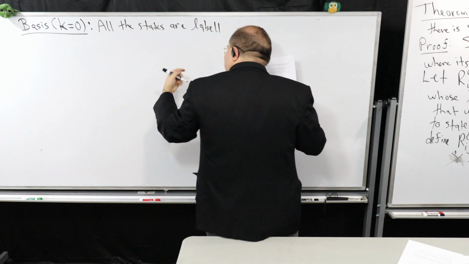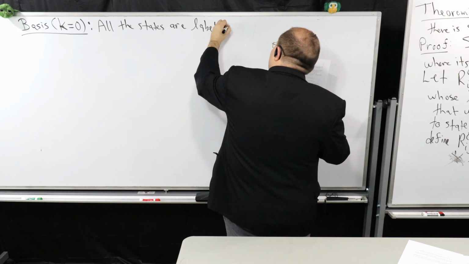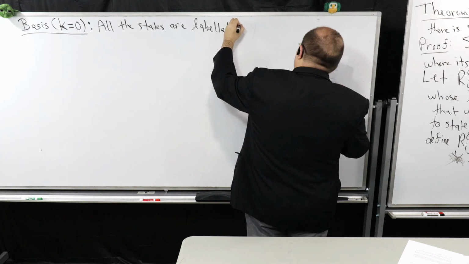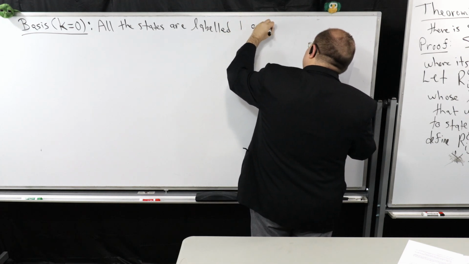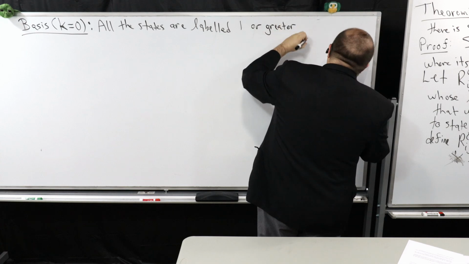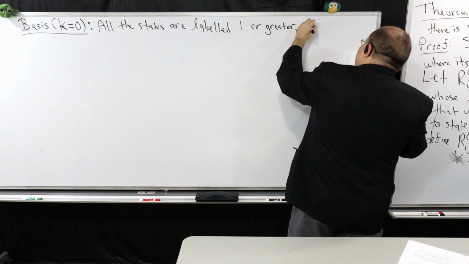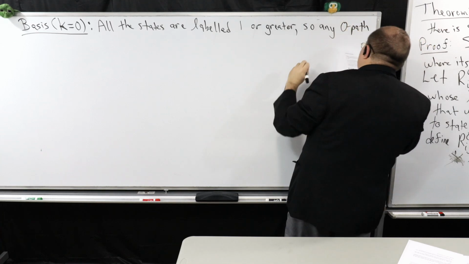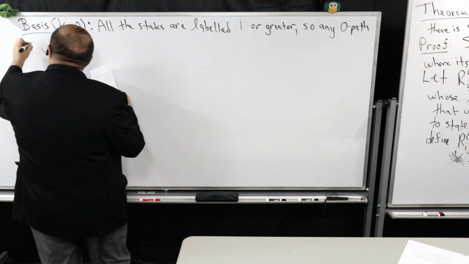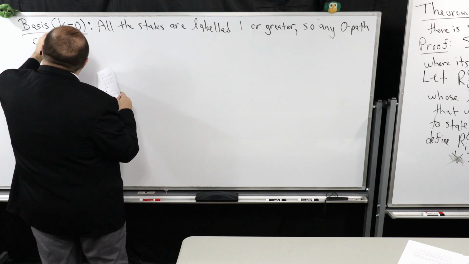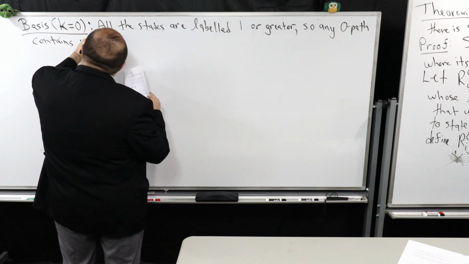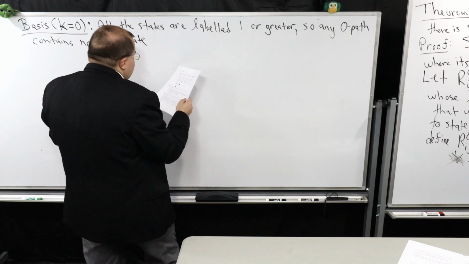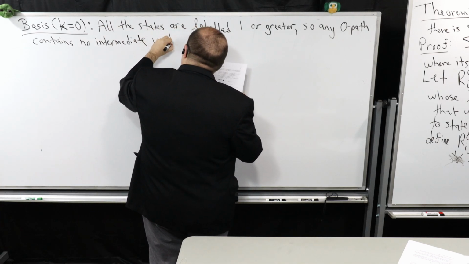So if I have a 0-path, we make the same observation I said earlier: all the states are labeled 1 or greater, so any 0-path contains no intermediate vertices or states, whatever you'd like to call them.